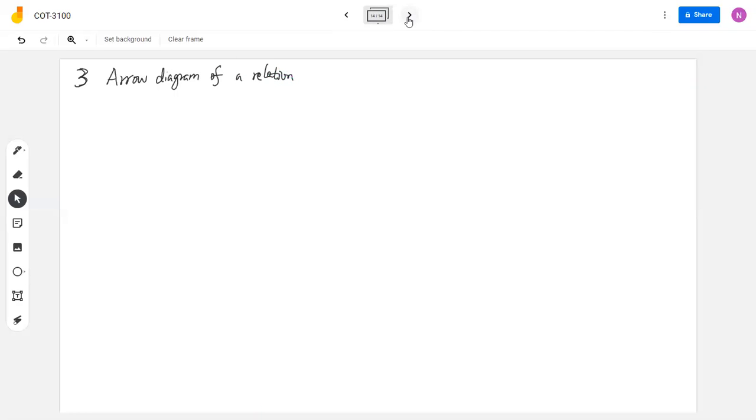This diagram is defined simply: we draw an arrow from x to y if and only if xRy, and equivalently if and only if the ordered pair xy belongs to R.